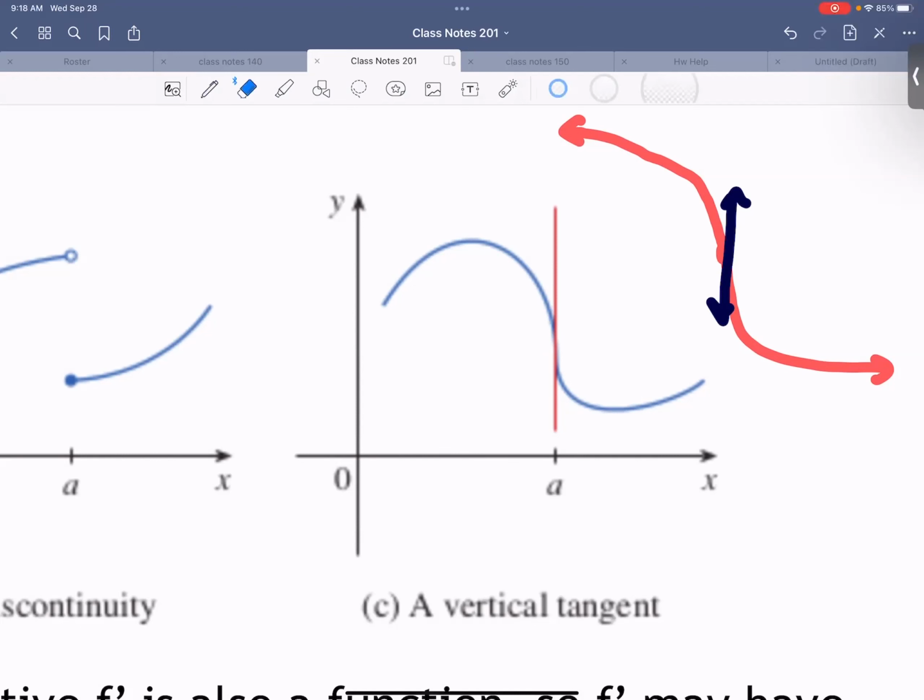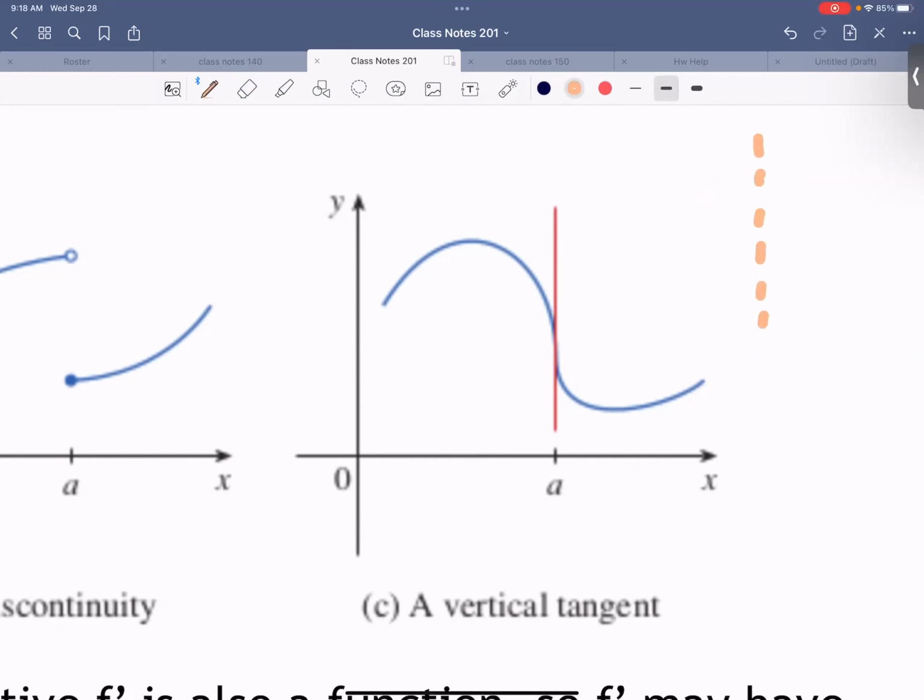Let me draw the tangent line first then. Okay, let's draw a function where we have a vertical asymptote. It's sort of vertical. So we know the function has a value at this point, and as we get closer and closer to this point from the right, we get closer and closer to this point. Do you kind of see how it's going like that?